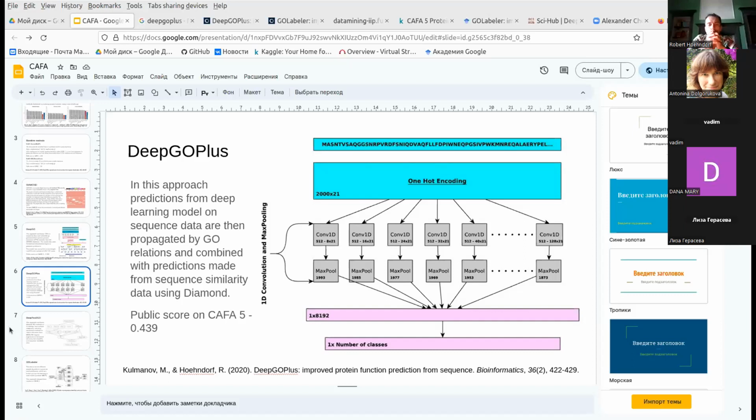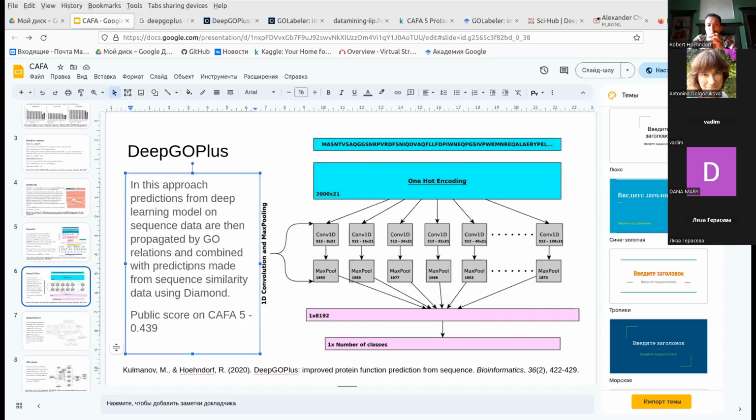So they are good for combining with other methods. In fact, DeepGo Plus is combined inside the approach with another method, and it improves the score. But yes, it's used to predict only a subset of classes.